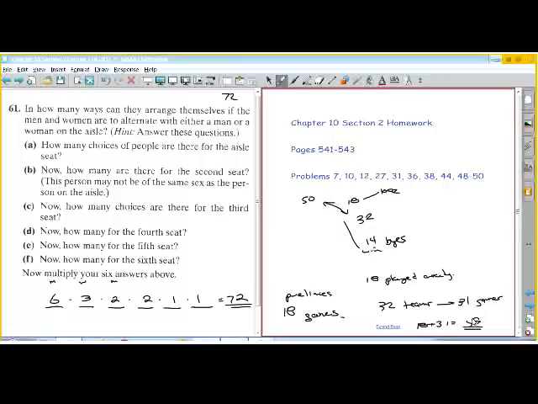In order to determine the champion, 49 people or teams must be eliminated. Thus, it will take 49 games to determine the champion. So when you have a tournament, you have 49 losers and one winner. Every time you have a game, you have a loser, so you have to have as many games as losers. That's the way they did it.